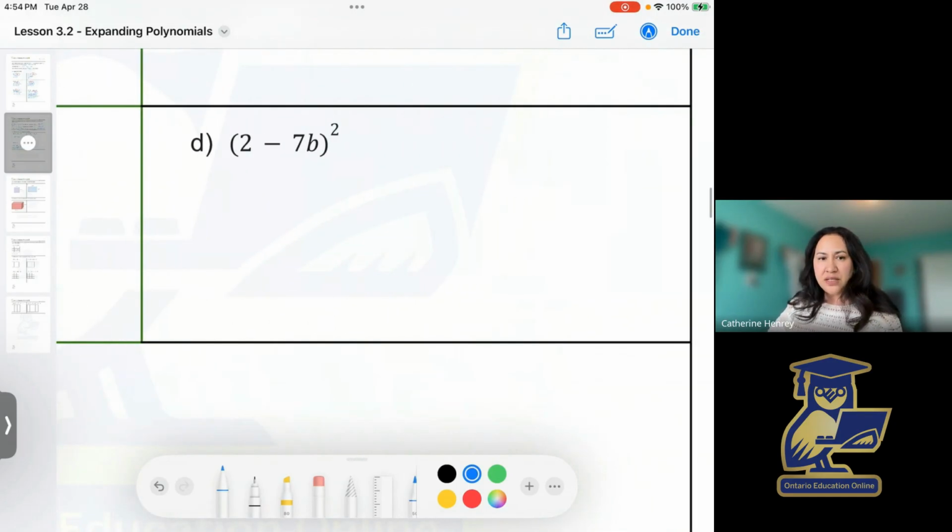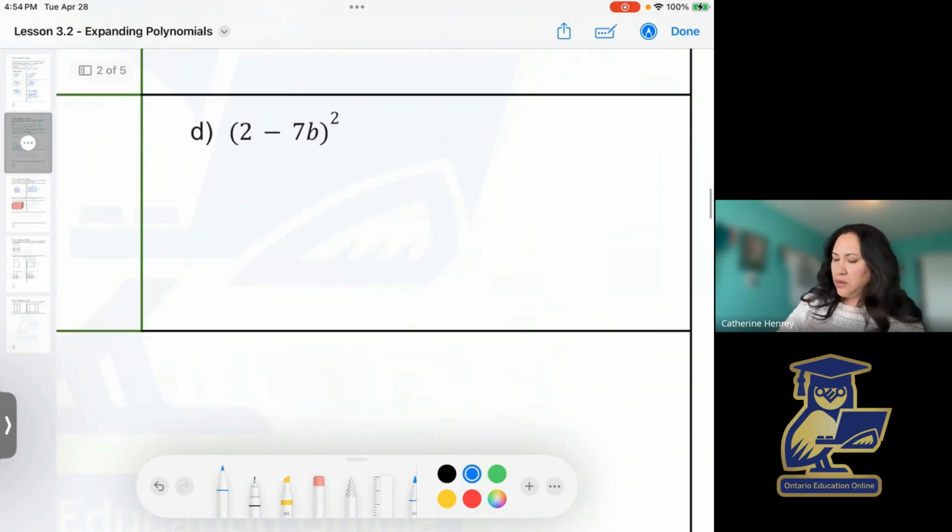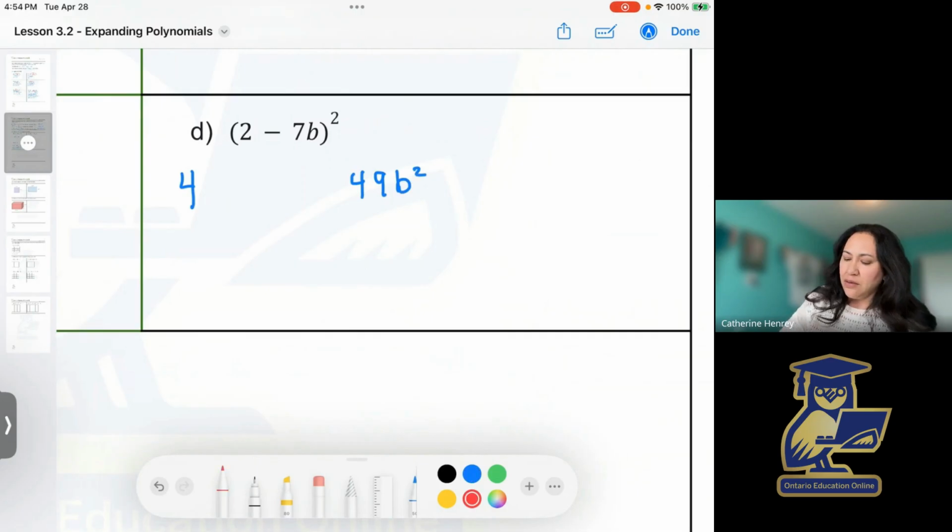And then we'll do this last negative example. So again, we see that this is a negative one, so 2 minus 7b squared. We recognize it as one of our special cases. So 2 squared is going to give me 4. 7b squared is going to give me 49b squared. And in the middle, it has to be 2 times a times b.